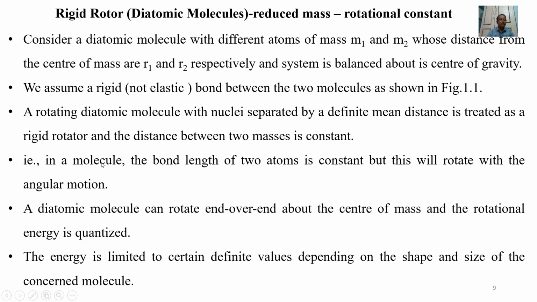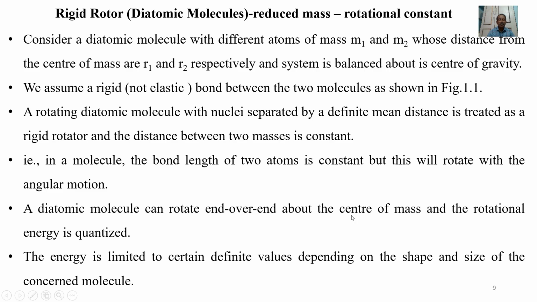That is, in a molecule, the bond length of two atoms is constant, but it will rotate with angular motion. A diatomic molecule can rotate end over end about the center of mass, and the rotational energy is quantized. This energy is limited to certain definite values depending on the shape and size of the concerned molecule.